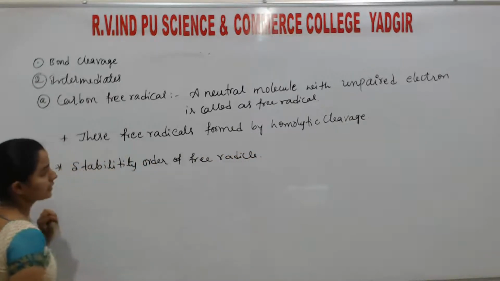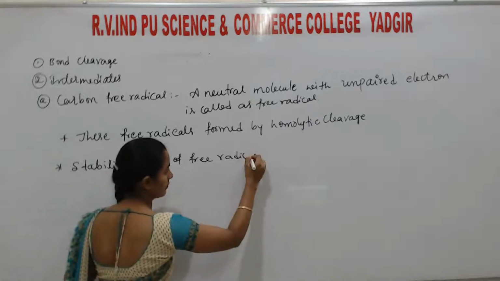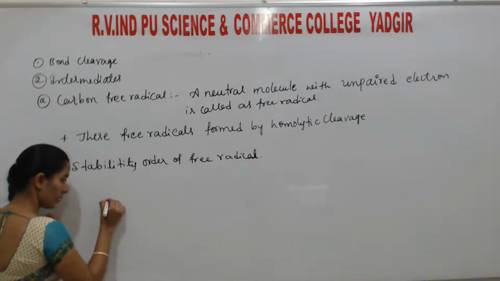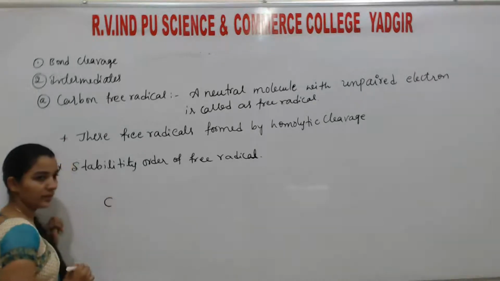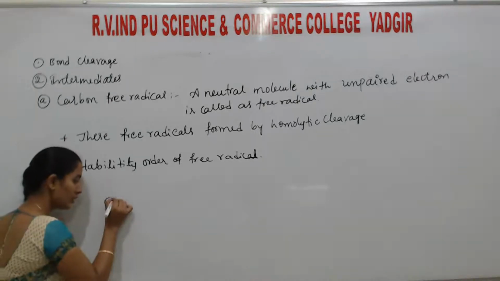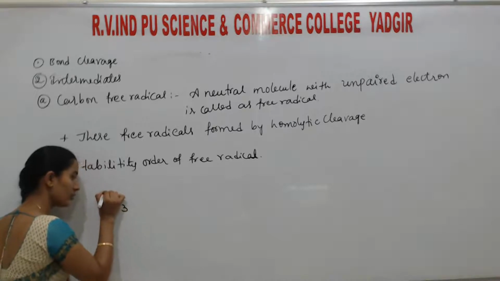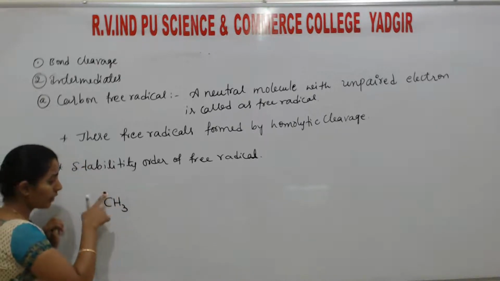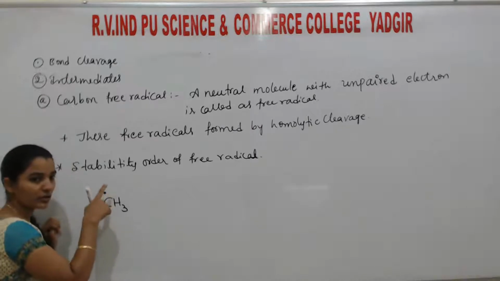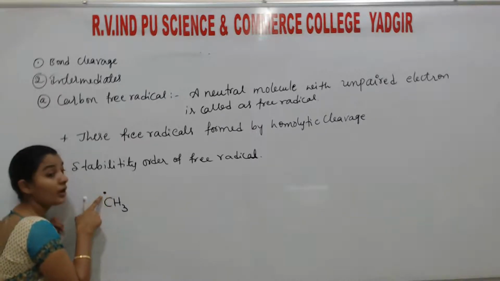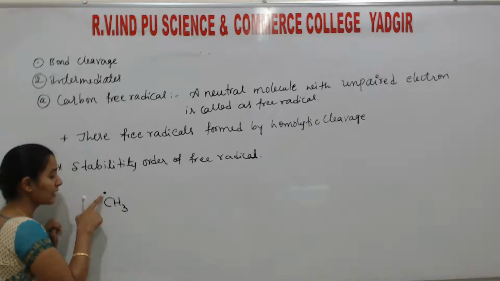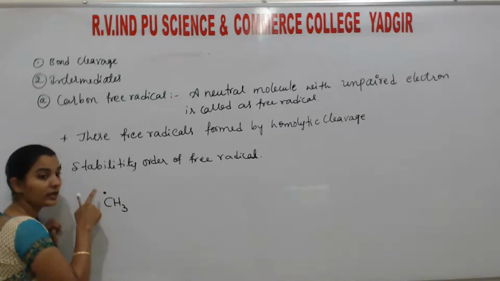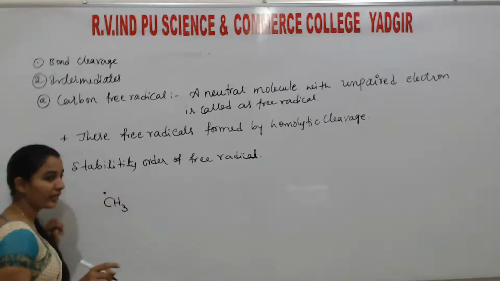Okay, listen here. If one carbon is there, it is bonded to 3 hydrogen with the electron pair. In a neutral molecule, there is no plus charge, no minus charge, but 1 unpaired electron is there. This electron is not paired, it is free. That's why it is called free radical. It is not bonded with anything.